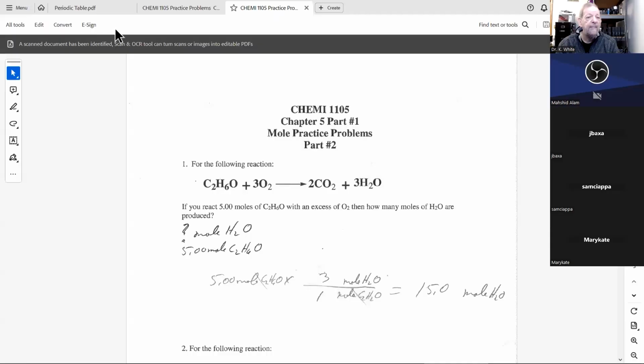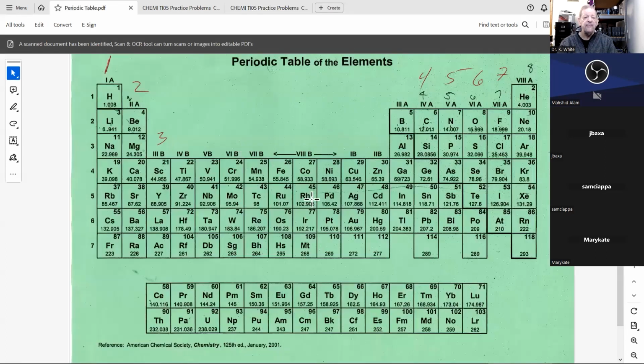Well, you know about how to calculate significant figures for mathematical operations: multiplication, division, addition. Now, if we look at our friendly neighborhood periodic table, you'll see hydrogen here has 1.008 as the atomic number.